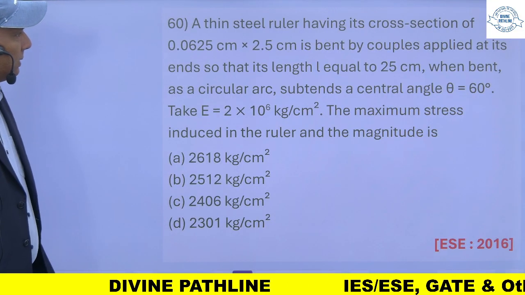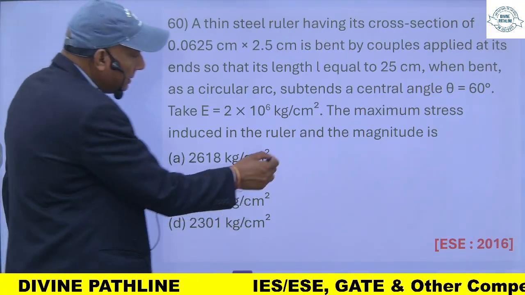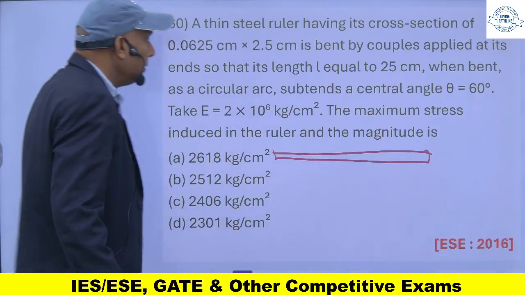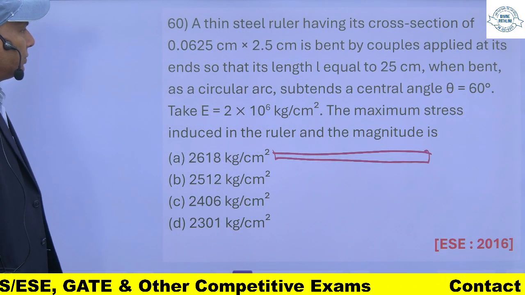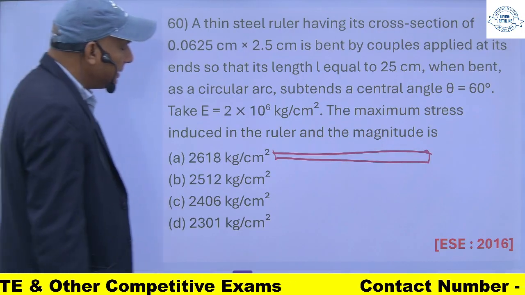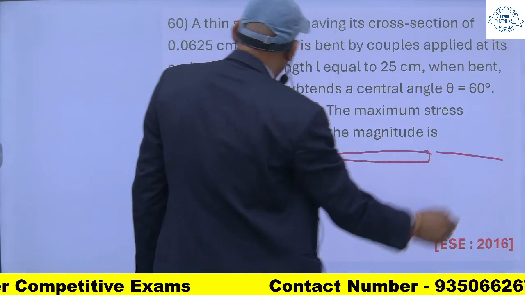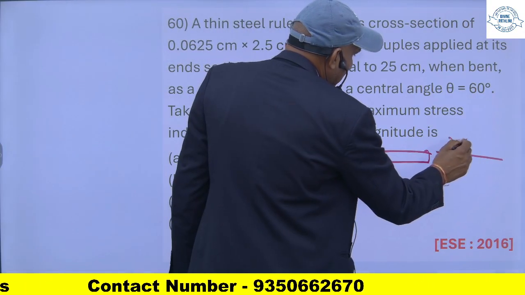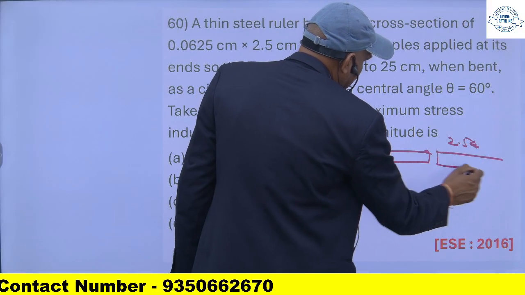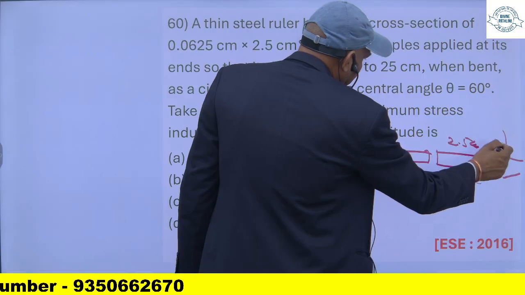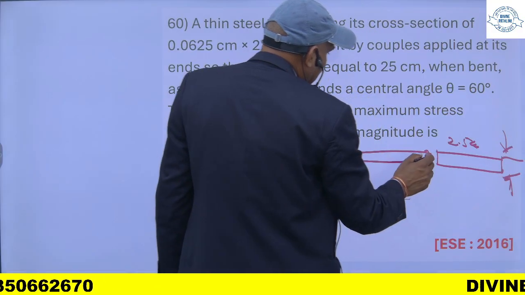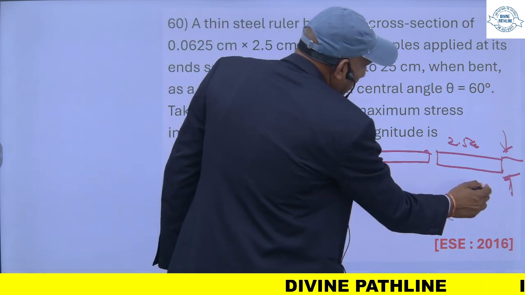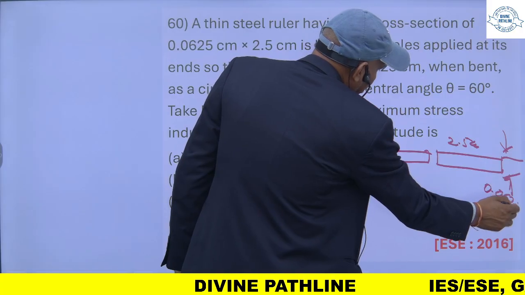A thin steel ruler has a cross section like this. The width is 2.5 centimeter and the thickness is 0.0625 centimeter.